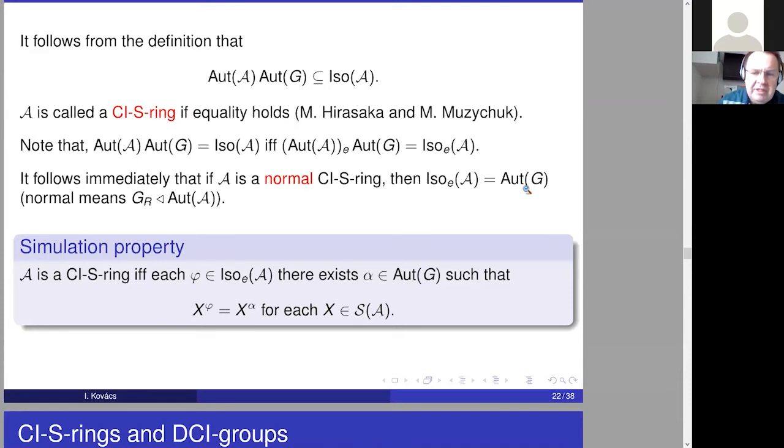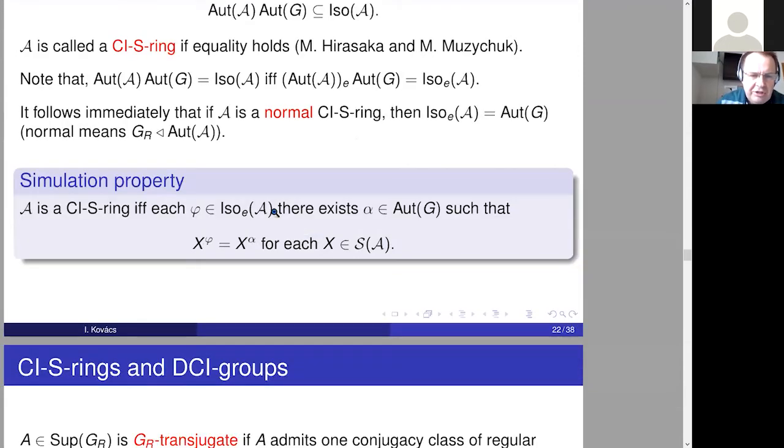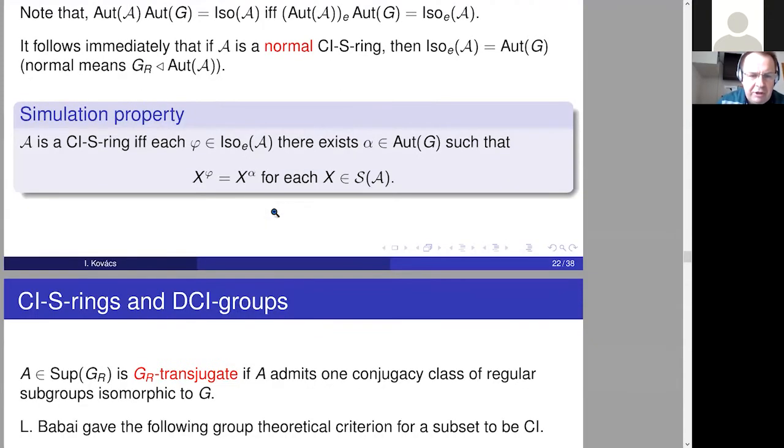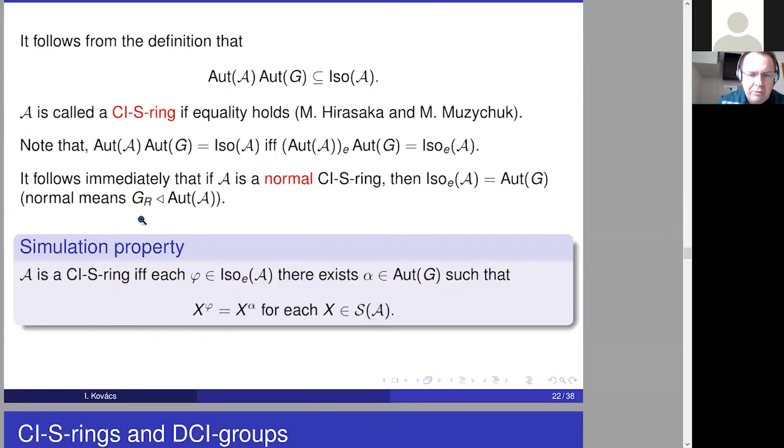So for a normal CI S-ring, the isomorphisms are just the group automorphisms, and they behave nicely. This is sometimes useful when you don't know whether the full S-ring is normal or not, but some quotient or sub-S-ring is normal, then you can use it. And this is the rephrasing of the definition, which I call the simulation property.